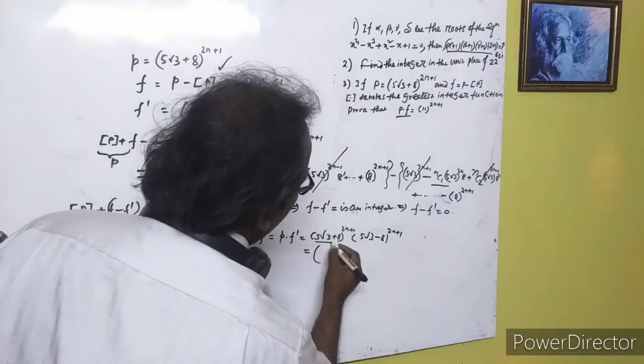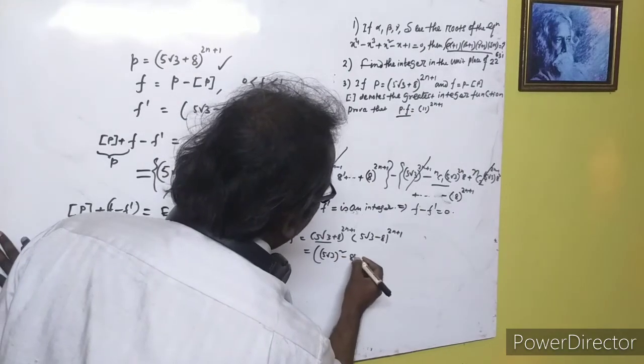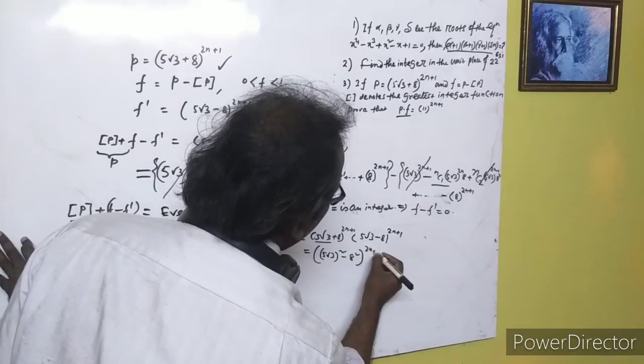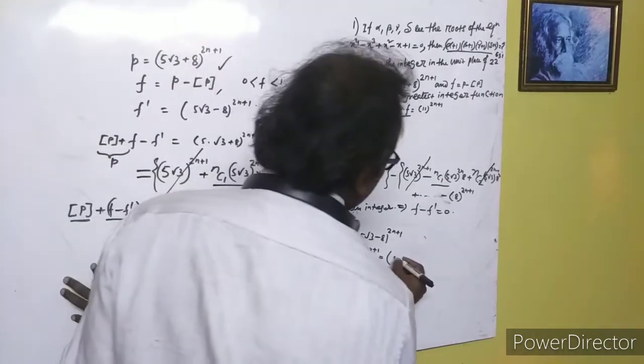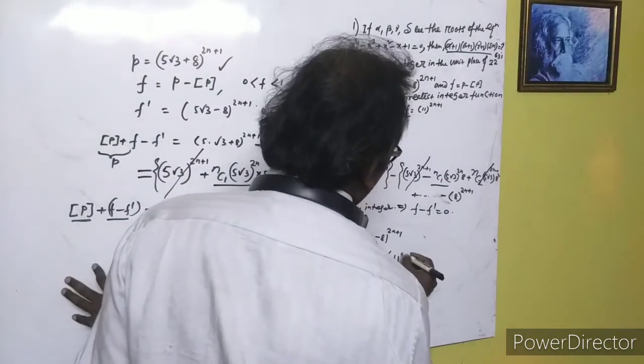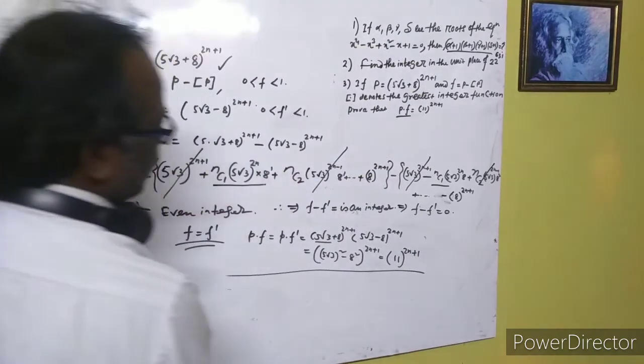Their product is (5√3) whole square minus 8 square, whole to the power 2n + 1. So this is 11 whole to the power 2n + 1. Proved.